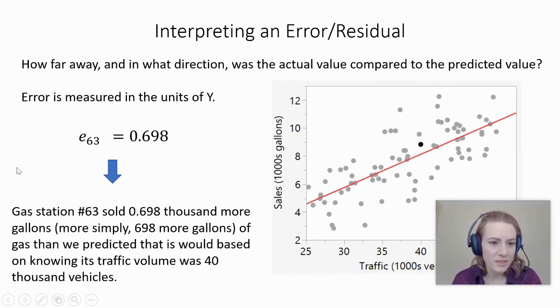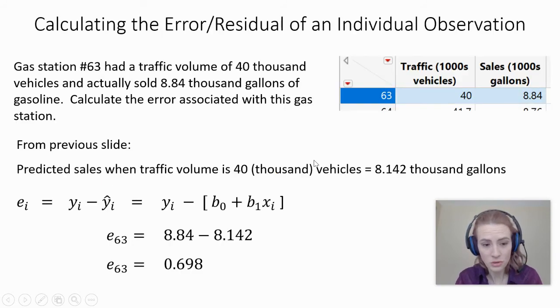Now, in context, remember, this is a measurement or error in terms of Y. So Y here was the sales in thousands of gallons. So this is how many thousands of gallons that gas station number 63 exceeded the expectation by. Our regression line equation predicted that it should sell 8.142.